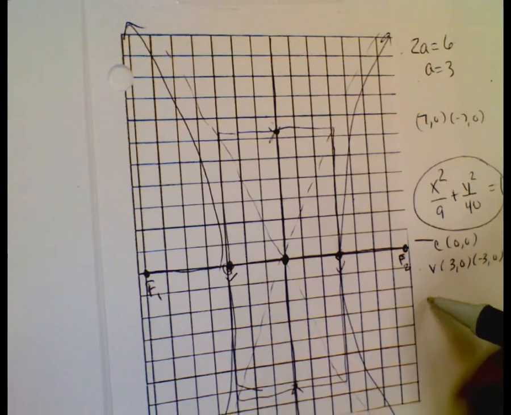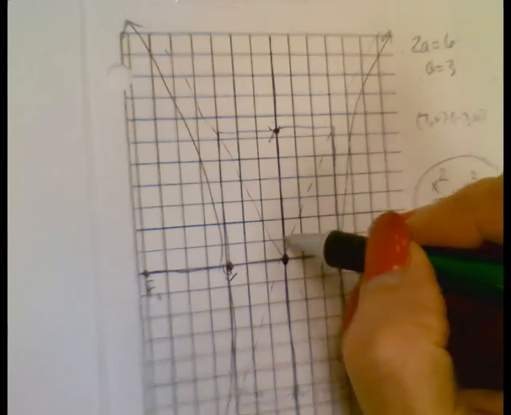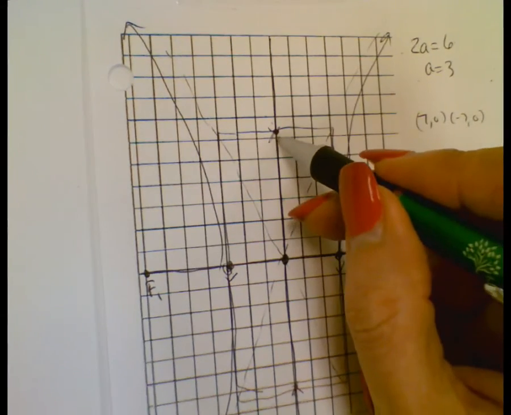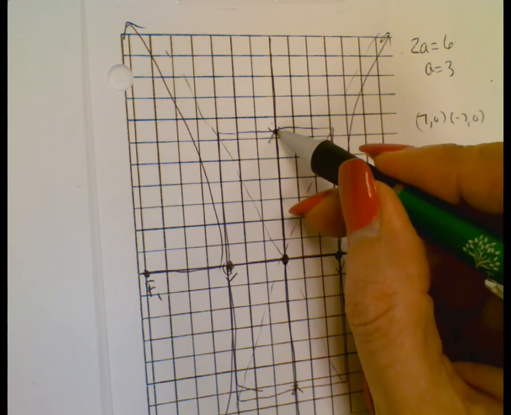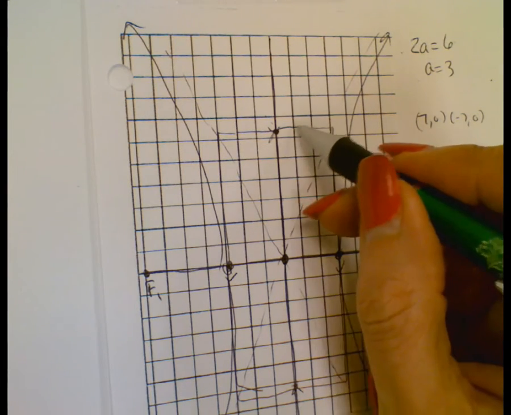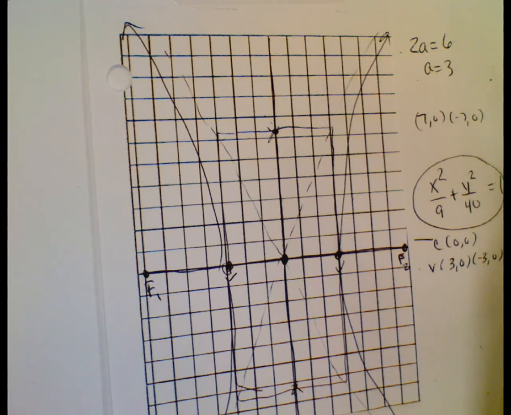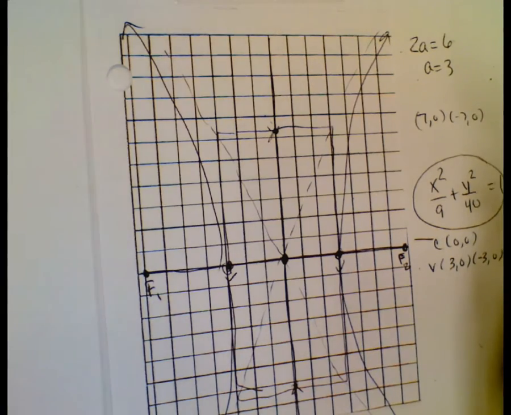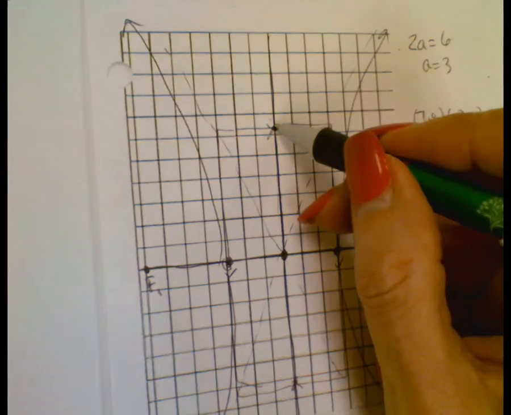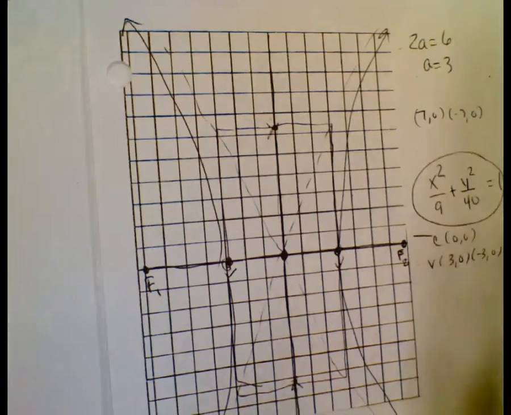The slope is 6 point something over 3, that's the square root of 40 over 3.